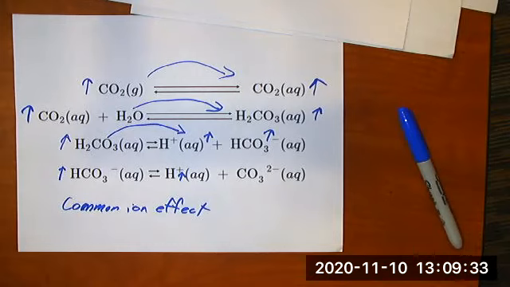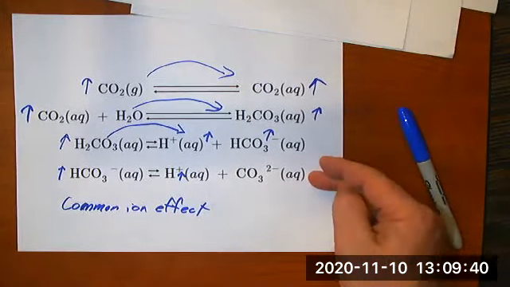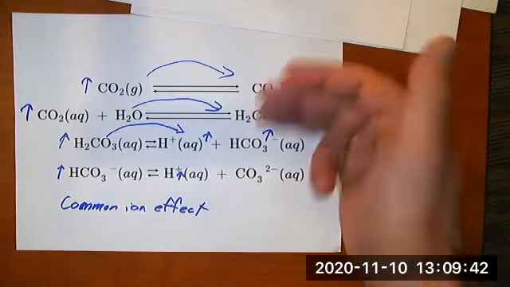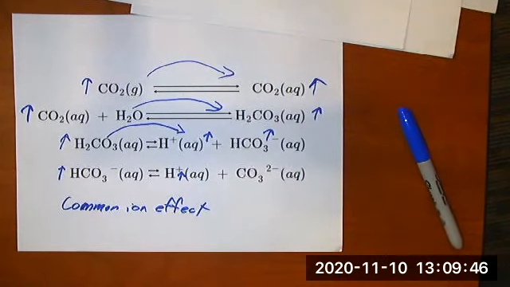And if you wanted to know quantitatively how much it's going to change, then yes, you're going to have to do a sequential series of ICE tables with different equilibrium constants.